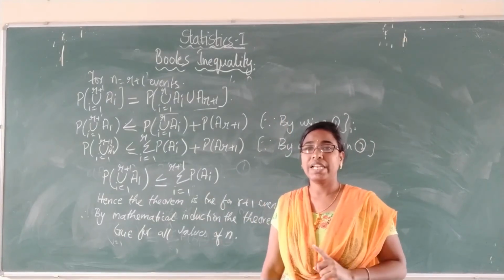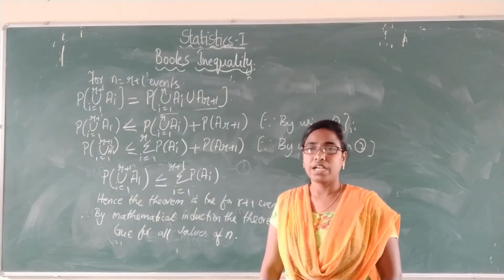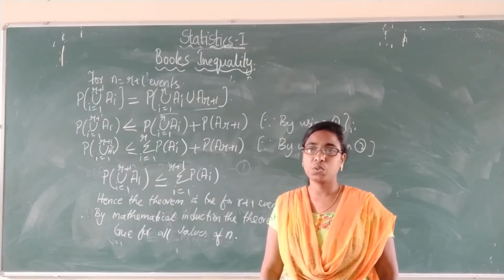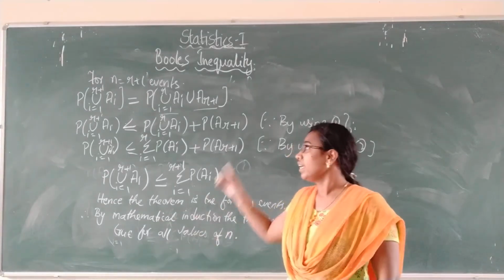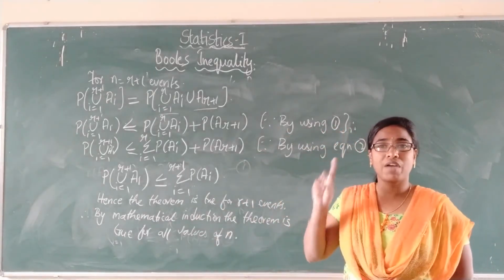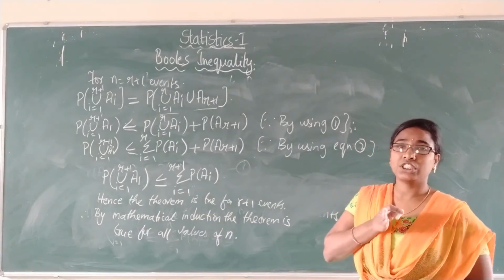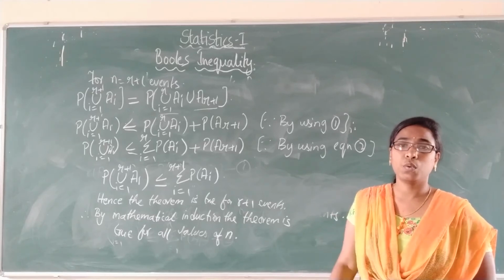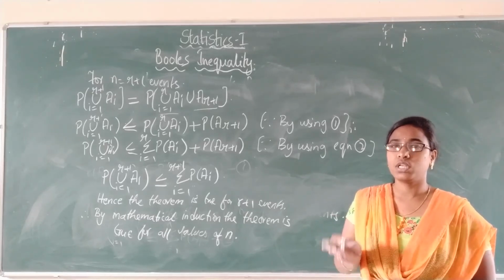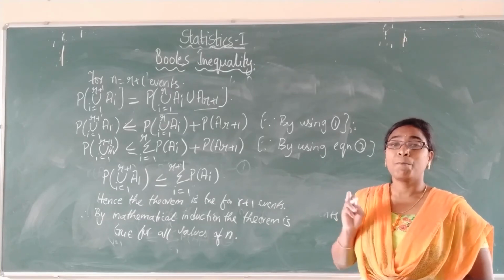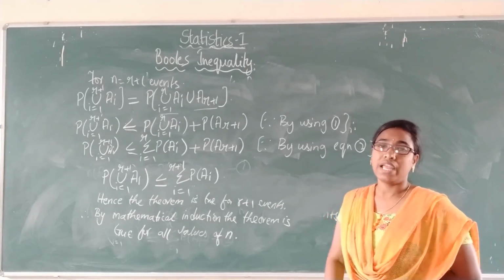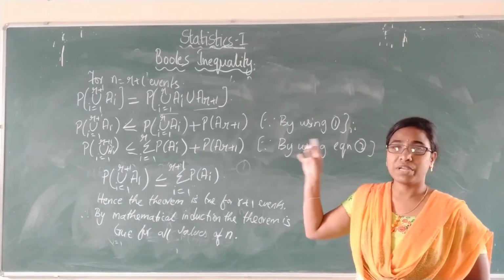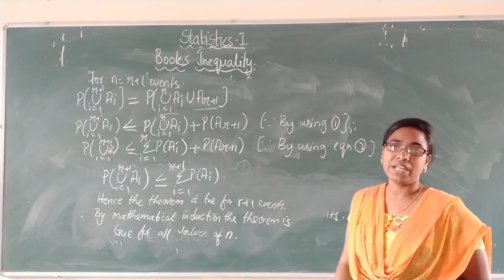The first statement is related to the intersection: probability of intersection of i equals 1 to n of Ai is greater than or equal to summation i equals 1 to n of P of Ai minus (n minus 1). Remember, for intersection you have the greater than symbol and the summation value minus (n minus 1).